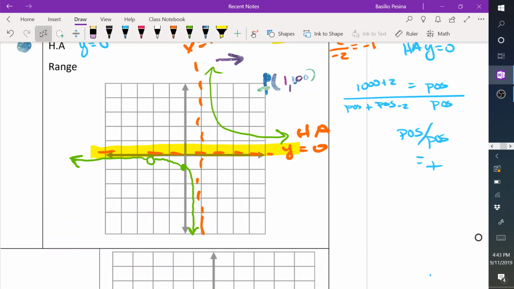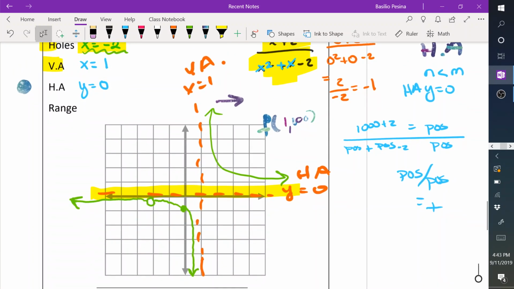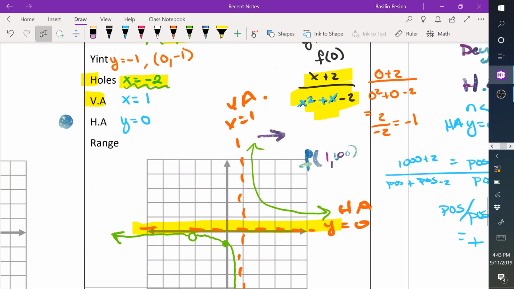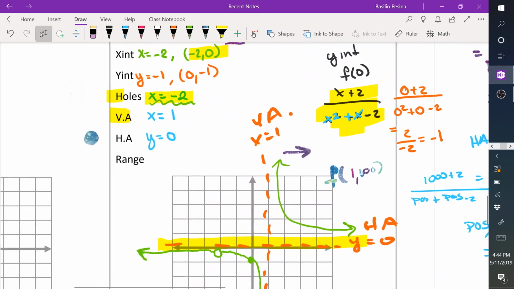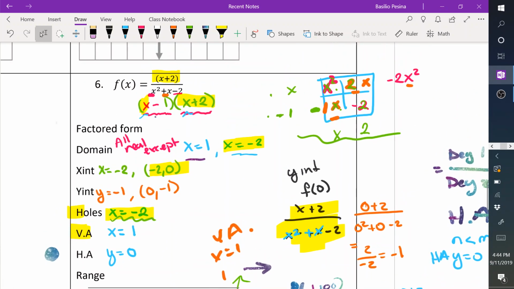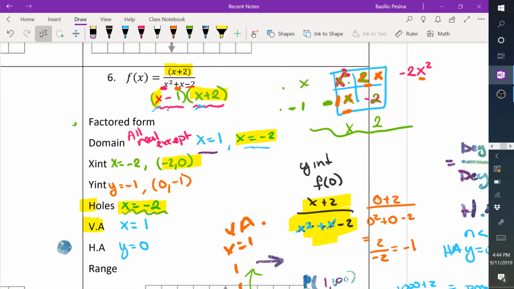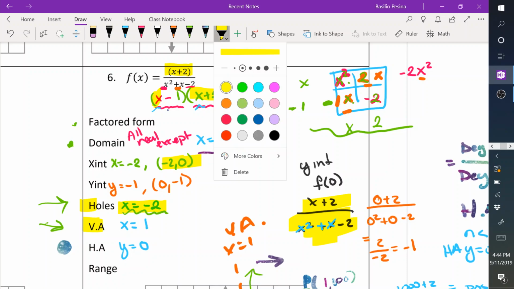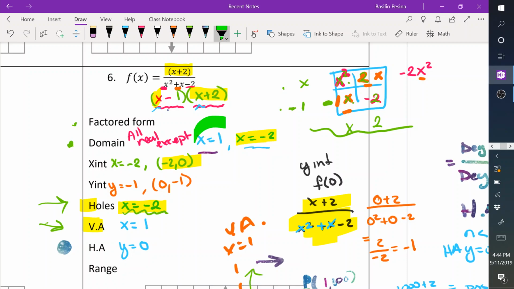So all we had to do, honestly, was notice that we had to factor a little bit to find our restrictions on our domain, like our holes and our vertical asymptotes. Then we determined that these values right here were holes or asymptotes by checking if they could be eliminated by simplifying.